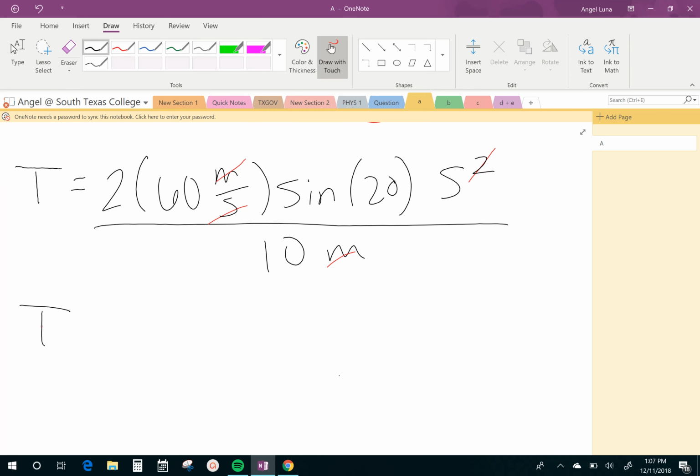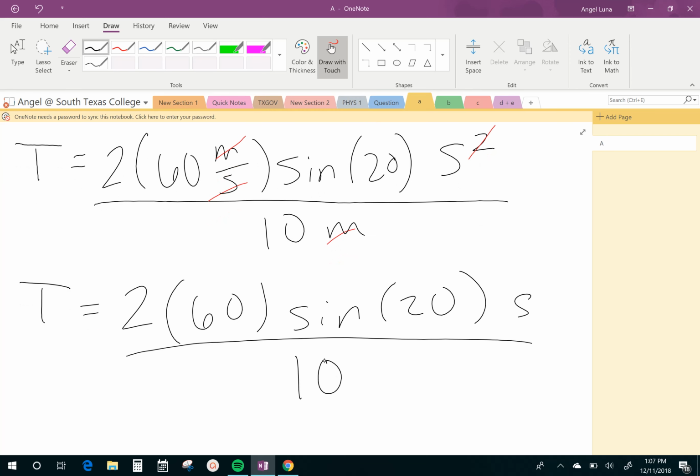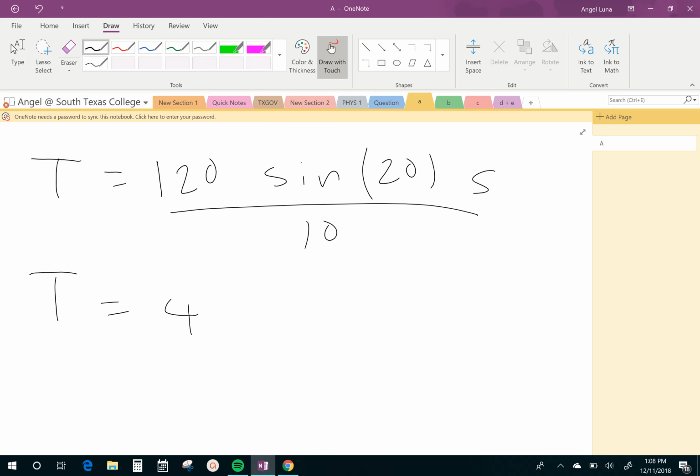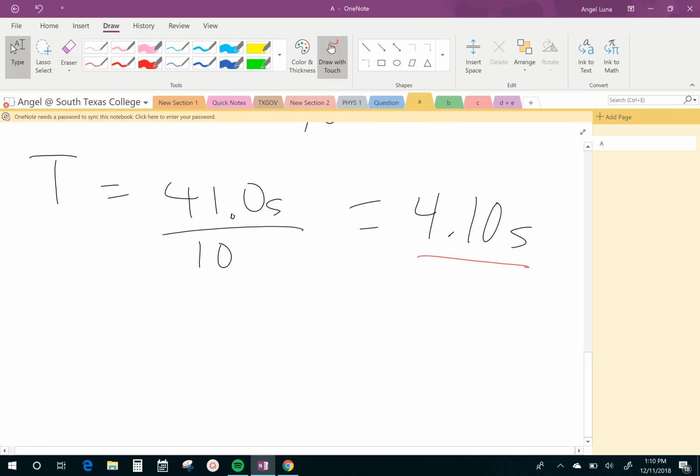So now we have only seconds left as a unit. Now we can finally solve for t. So our answer for A is the ball stayed airborne for 4.1 seconds.